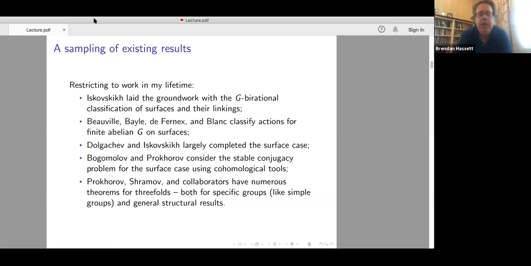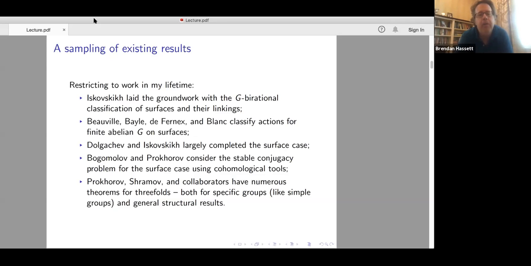So despite this early fundamental work, it took a while for people to give a comprehensive classification, or at least to revisit the work that had been done in the 19th century on these problems. And so this happened relatively recently.